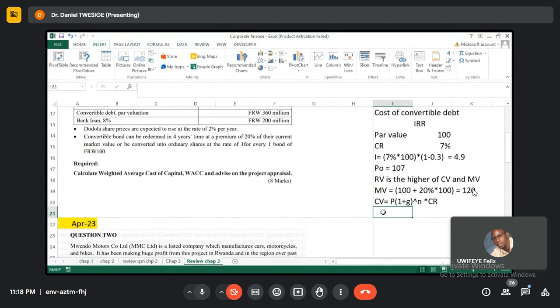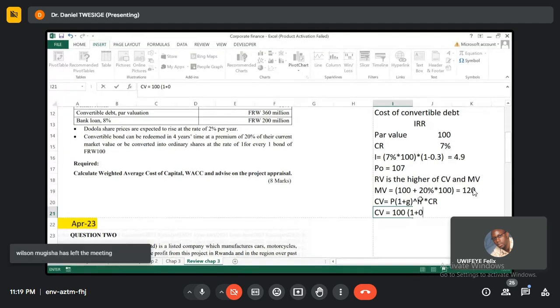So what is going to be our conversion value? We have been given P, our conversion value is going to be equal to 100 times (1 plus our growth rate 0.02, it is given in the question) power 4.